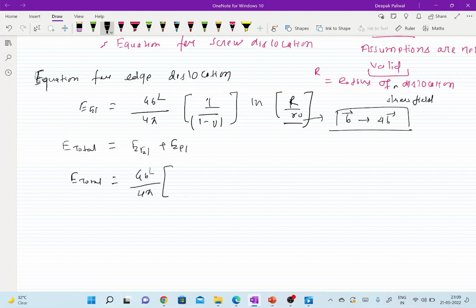Sometimes we ignore the energy of a dislocation due to the core region, because the contribution of the energy from the core is very less as compared to the total energy, which is the sum of elastic plus plastic part. So directly I am writing the equation, I am not deriving it. R by b plus b is constant, coming from the core region.